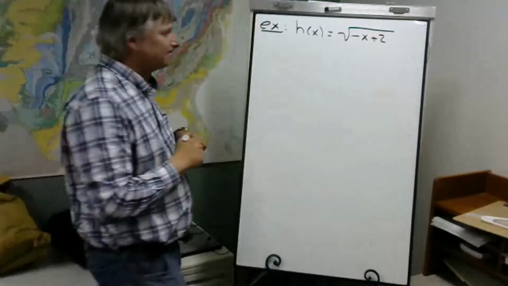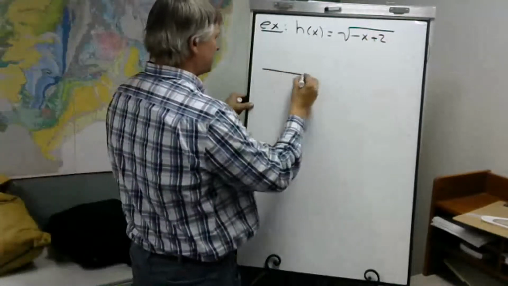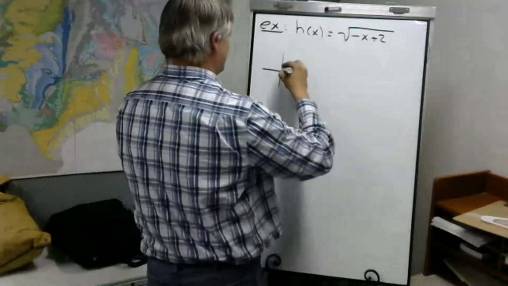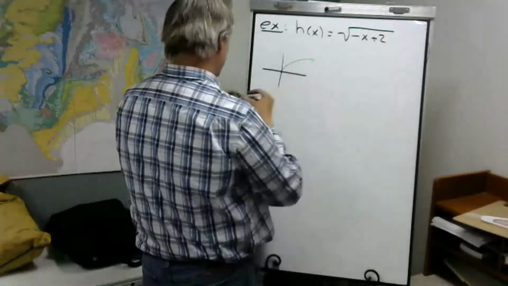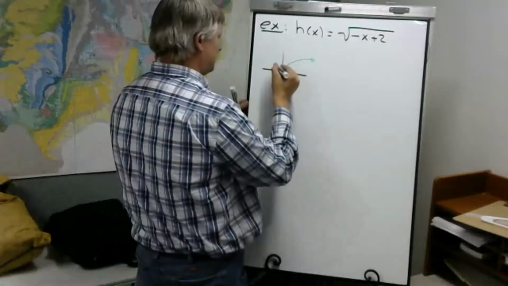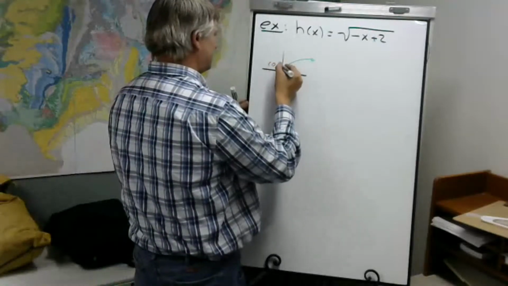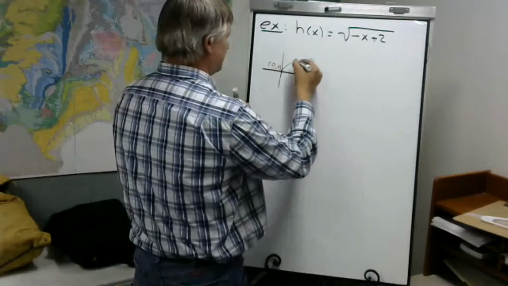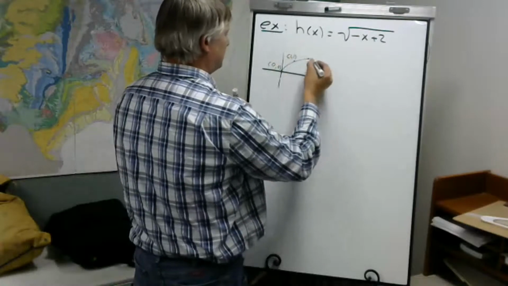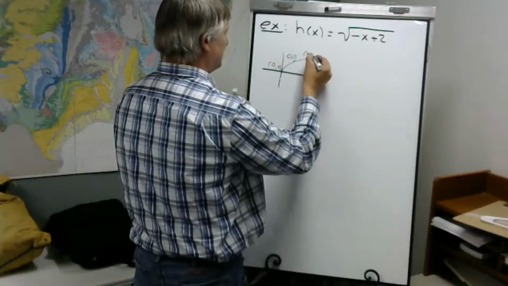So with this one, again, we're going to start out with our square root function. And we can pick some representative points. Say (0, 0), and we could say (1, 1), and maybe (4, 2).